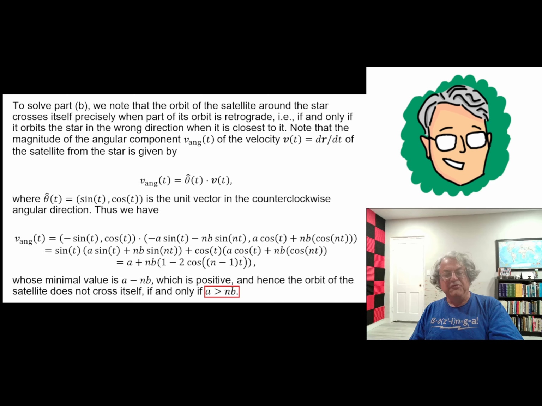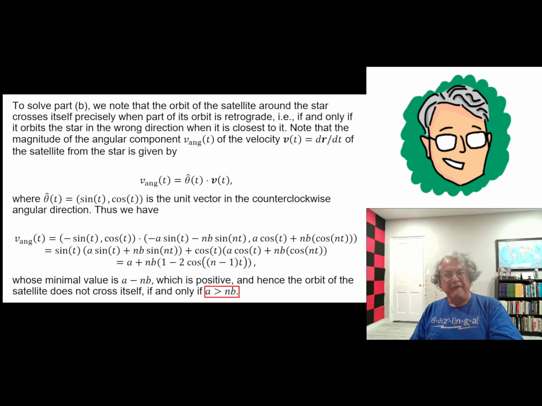And it's pretty easy to see here: the minimum value of the cosine term is minus 2, so the term in parentheses, multiplying nb, is minus 1. So the minimum value is going to be a minus nb. And we want that to be non-negative, and a minus nb is non-negative if and only if a is greater than or equal to nb.